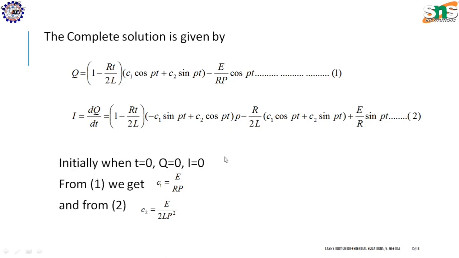Initially Q and I values are 0 when t is equal to 0. Substituting these values in equation 1, we get C1 is equal to E by Rp, and substituting Q equal to 0 and I equal to 0 when t equal to 0, equation 2 will become C2 equal to E by 2L P square.